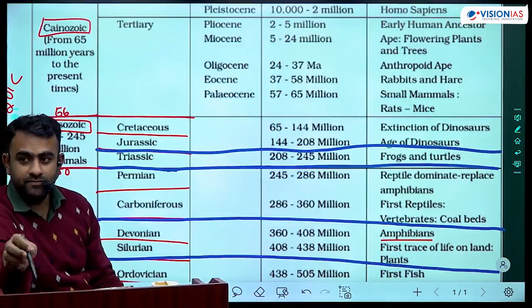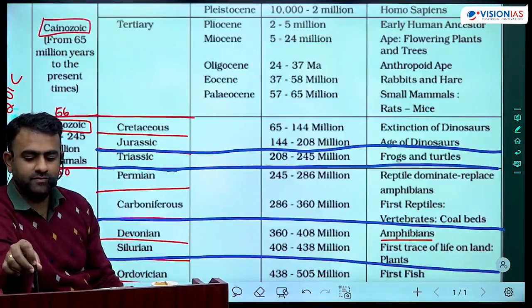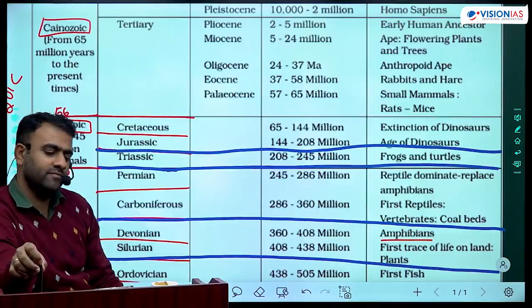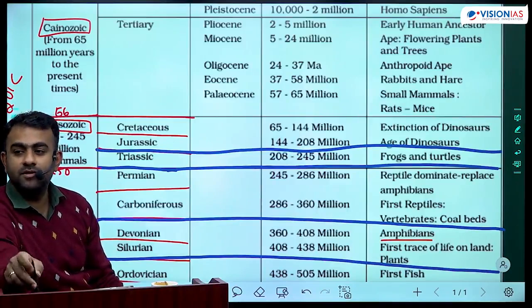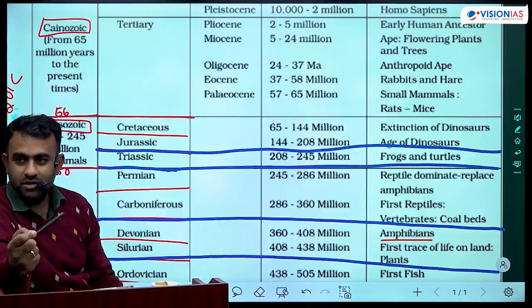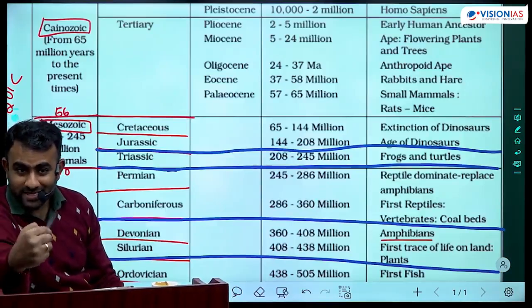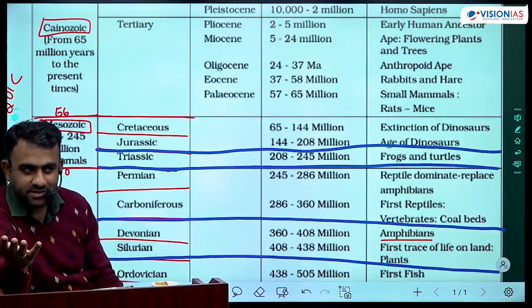Seeds are? Then pollination, cross pollination, easy dispersal, because flowers attract insects.